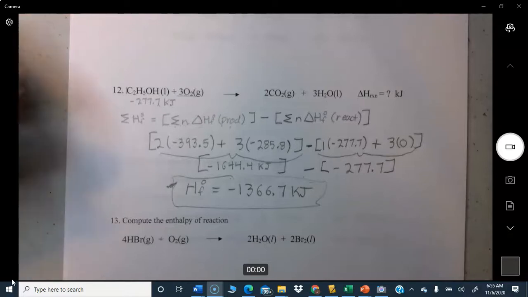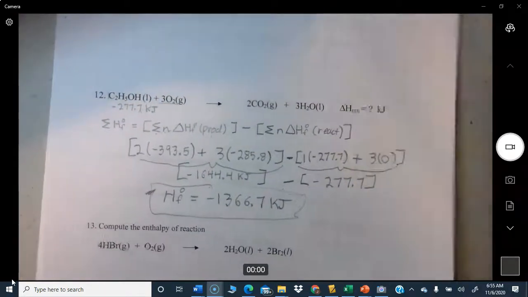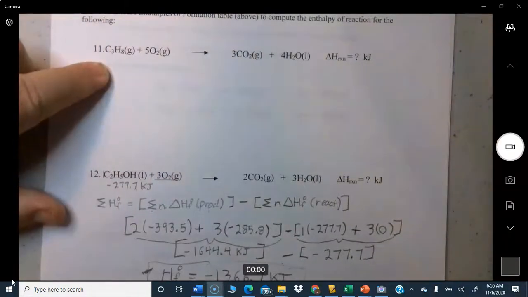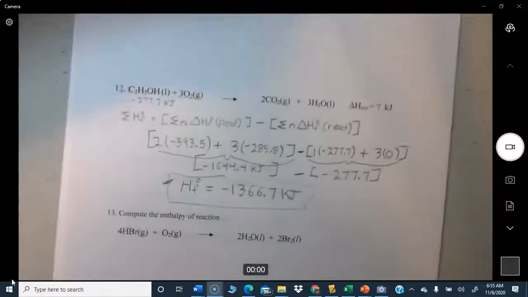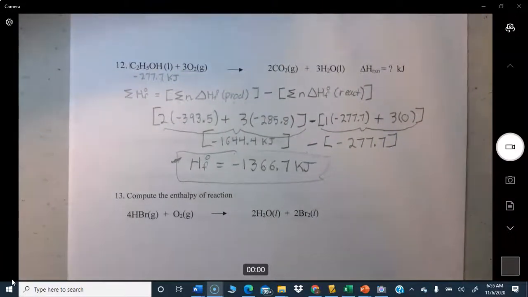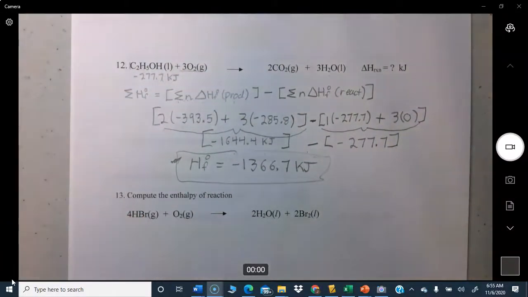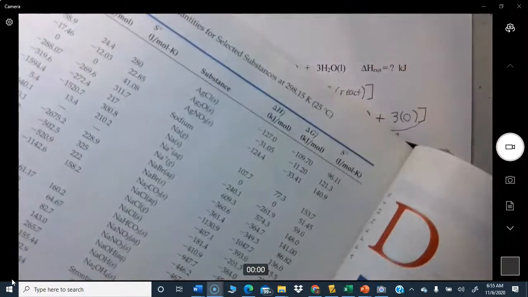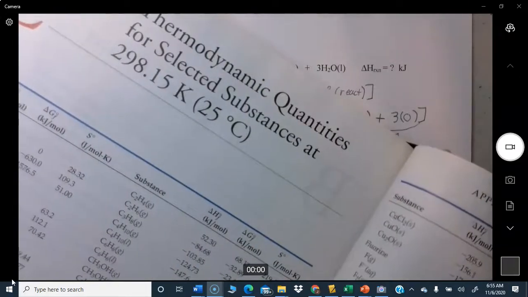All right. So I'm going to leave you with the last two to do on your own. This one you can do entirely from this table right here. This one, you have hydrobromic acid here. And you come to Appendix C. It's a little cumbersome to put this in front of the camera. And you find hydrogen.